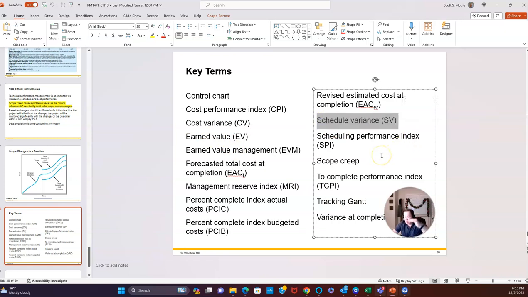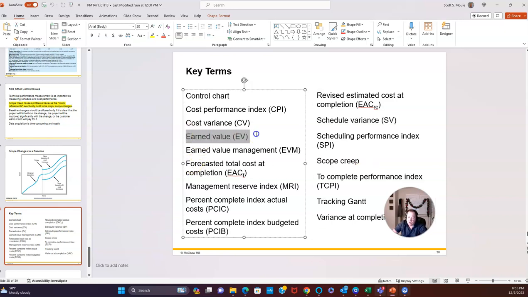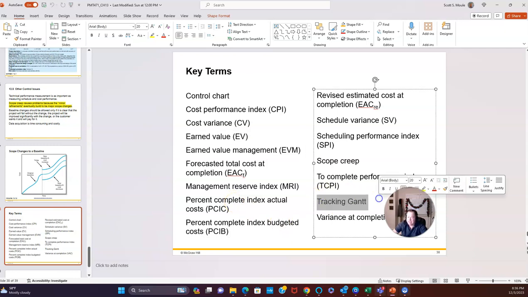Am I ahead or behind schedule, over or under cost? Your earned value, critical ones. Your, I'm looking for it here, actual cost. I don't see it on here, but that's a critical one, your actual cost. And then again, you're leveraging the Gantt chart to be able to calculate a lot of this information.